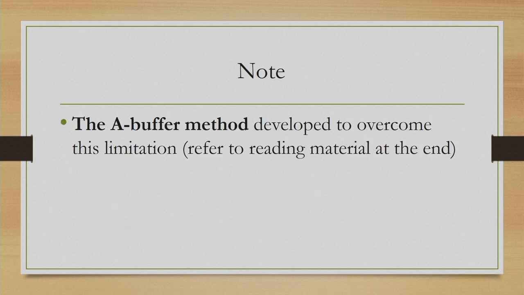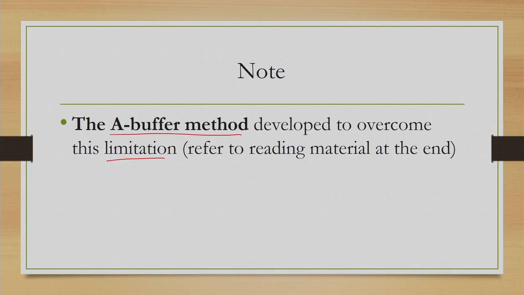There is another method called the A buffer method, which can be used to overcome this limitation. We will not go into the details of this method, you may refer to the reading material. So, that is in short what we can do with the depth buffer method.